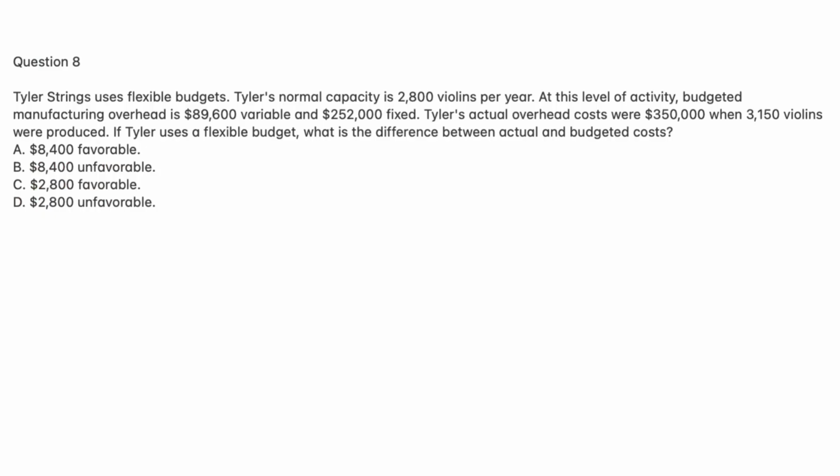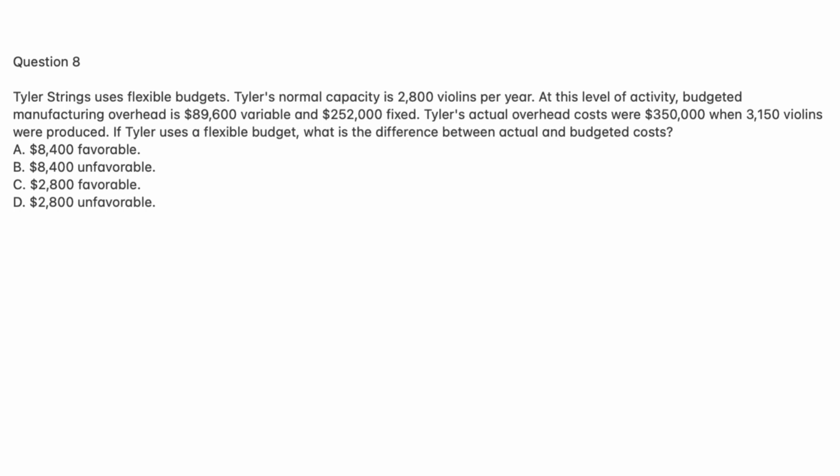Question 8. Tyler Strings uses flexible budgets. Tyler's normal capacity is 2,800 violins per year. At this level of activity, budgeted manufacturing overhead is $89,600 variable and $252,000 fixed. Tyler's actual overhead costs were $350,000 when 3,150 violins were produced.